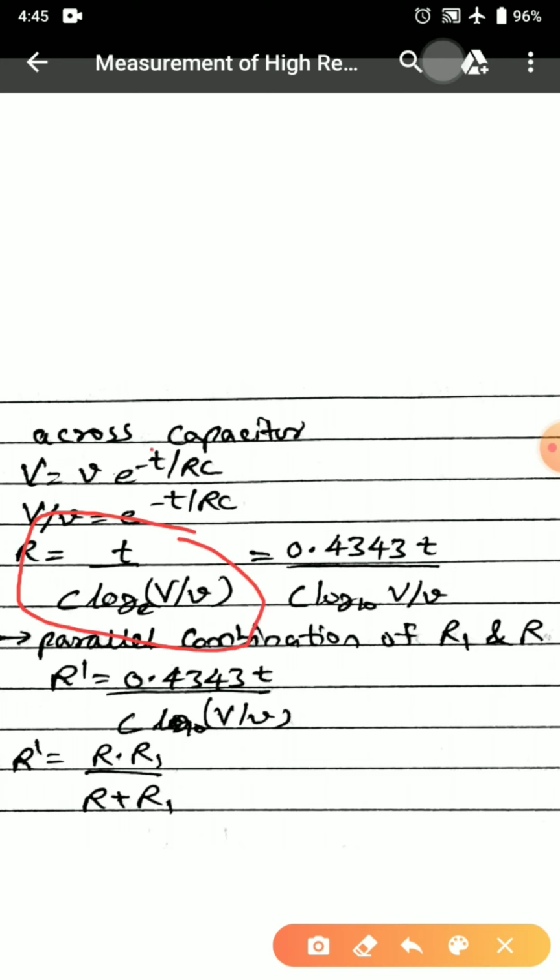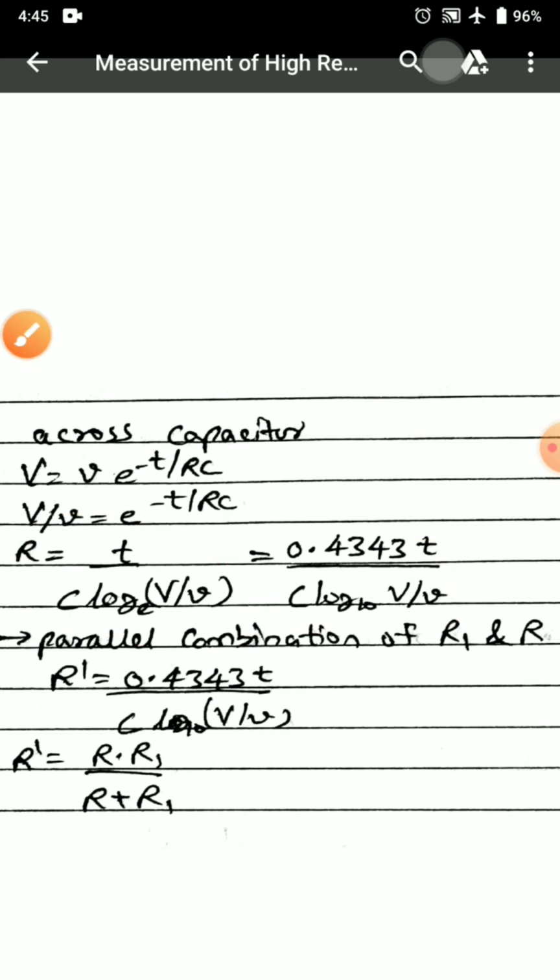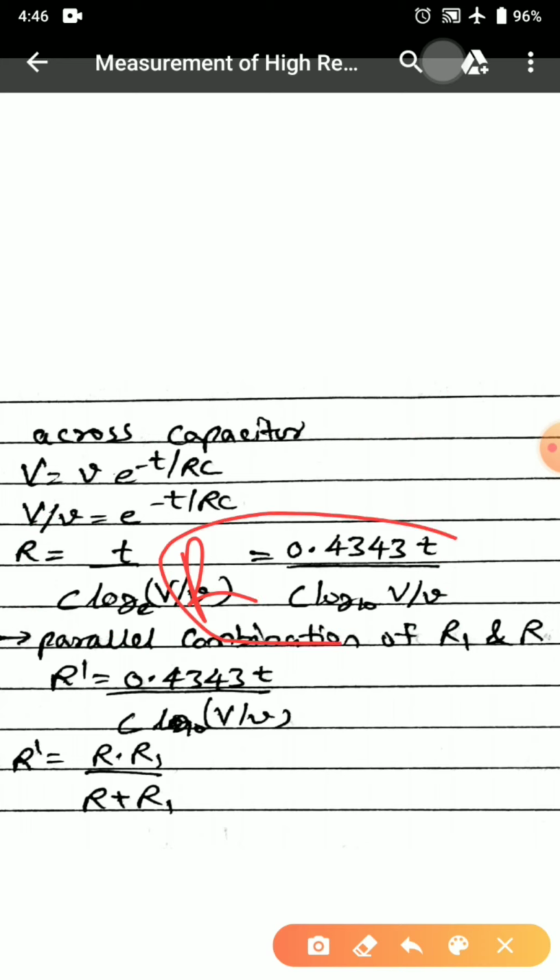Now I am trying to change the base from log e to log 10, using the change of base formula for logarithms. Using it, the value of R is equal to 0.4343 t divided by C log to the base 10 V by v.